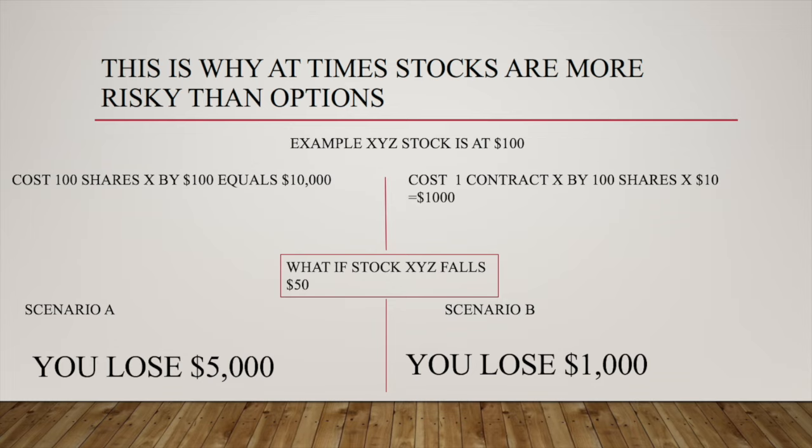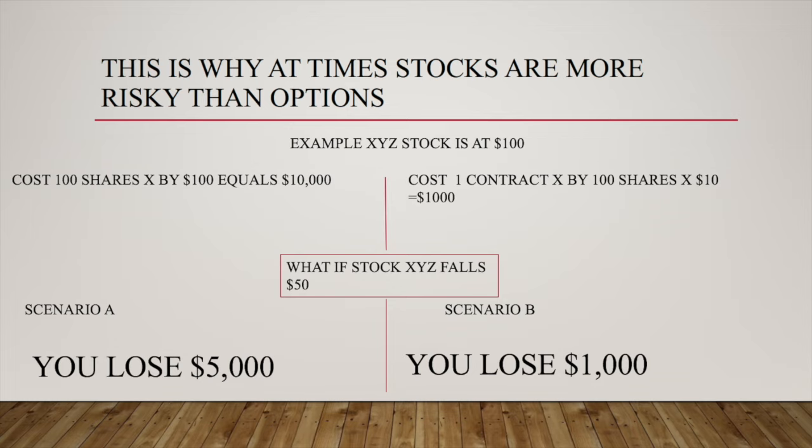Now, if you look to your right, using option buying power, if you were to buy one contract, which equals 100 shares times 10, which is $1,000, now you have $10,000 on your left side with stock. Now you have $1,000 on your other side with options.